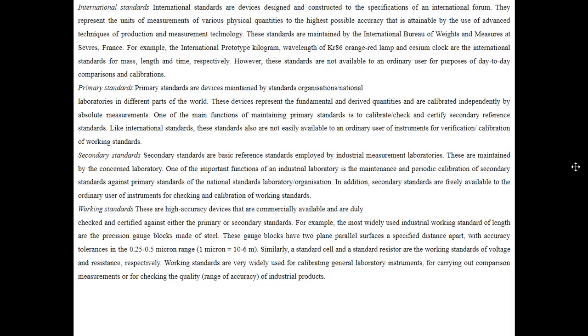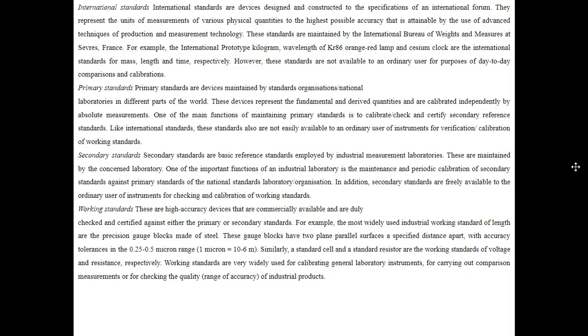These standards are maintained by the International Bureau of Weights and Measures at Sèvres, France. For example, the International Prototype Kilogram, wavelength of Krypton 86 orange red lamp, and cesium clock are the international standards for mass, length, and time, respectively. However, these standards are not available to an ordinary user for purposes of day-to-day comparisons and calibrations.